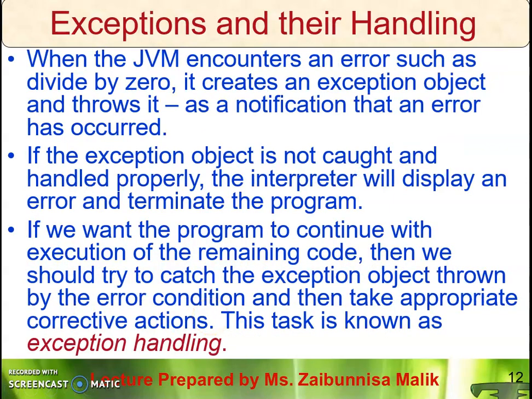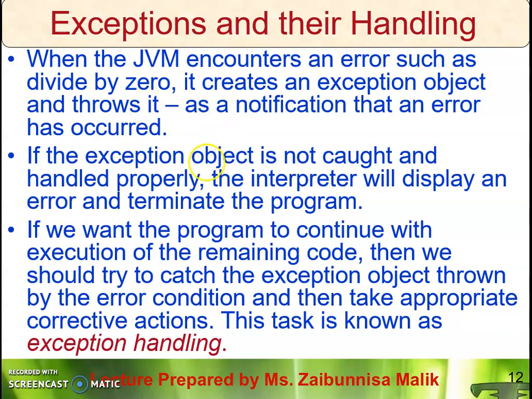Now, exceptions and their handling. When the JVM encounters an error such as division by 0, it creates an exception object and throws it as a notification that an error has occurred. So, in Java, we have a try and catch block, right? What does try do? Try is used to detect the errors, and when the errors are detected, they are thrown and caught by using the catch block.